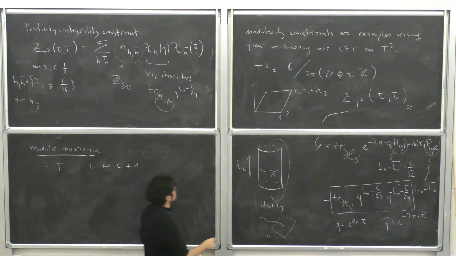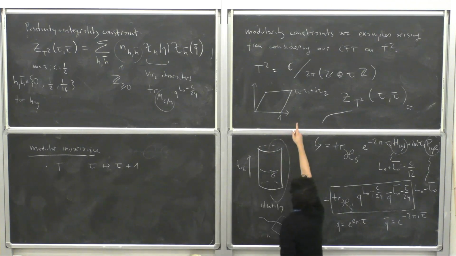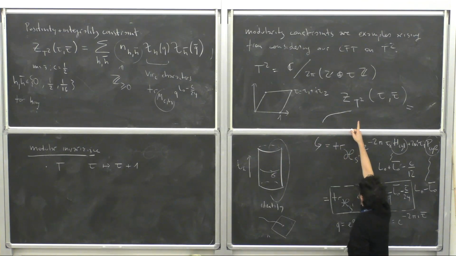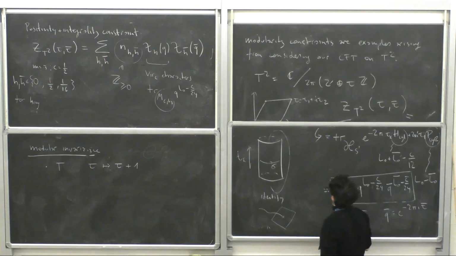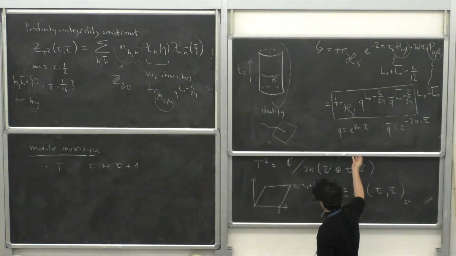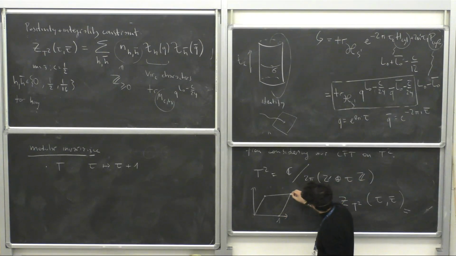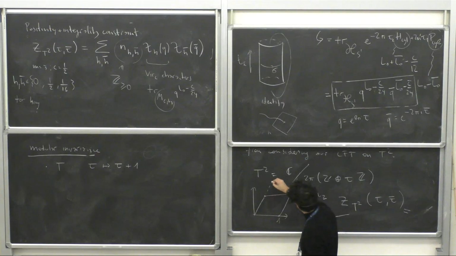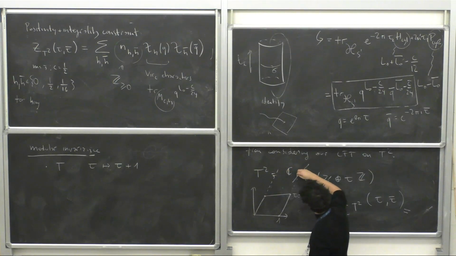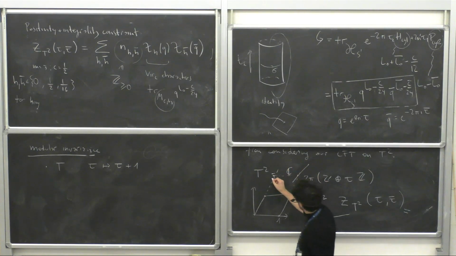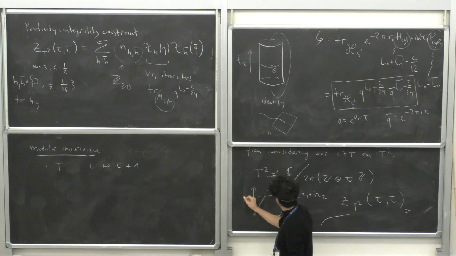Our torus is obtained from the complex plane by modding out by that lattice. We can shift in the diagonal direction in steps of tau, and we can shift in the horizontal direction in steps of 1.